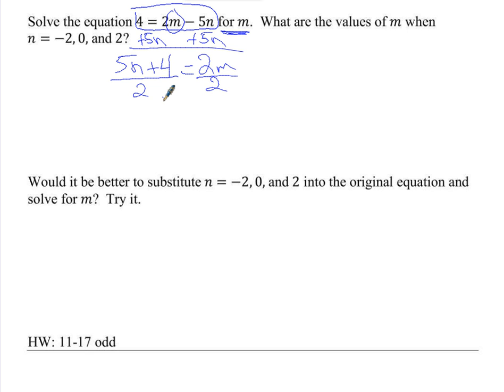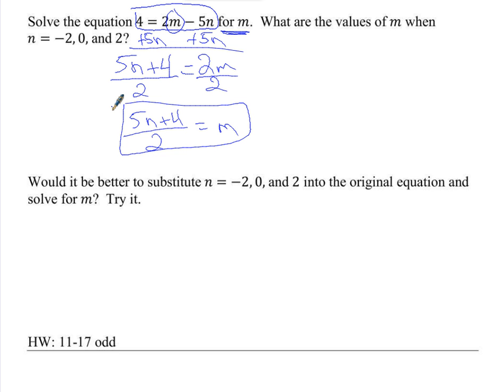The whole thing is being divided by 2. Once I do that, I have 5n plus 4 over 2 on the left equals m on the right. Is the equation solved for m? Do I have m by itself on one side of the equation and everything else on the other side of the equation? Yes, I do. So we're done. That is the answer.